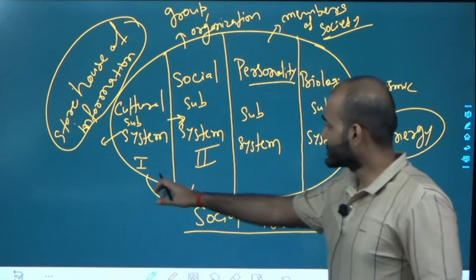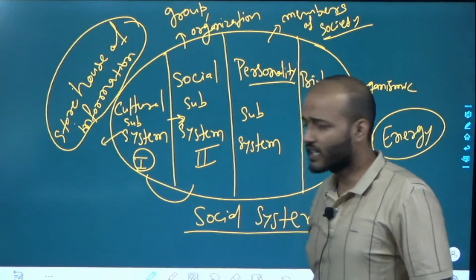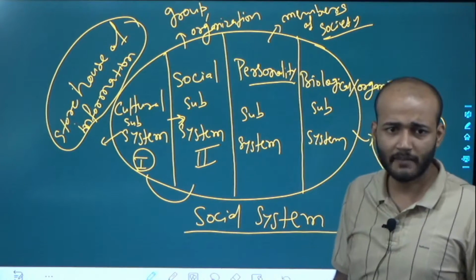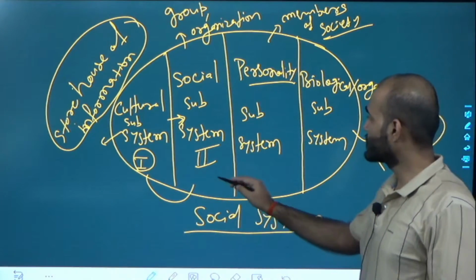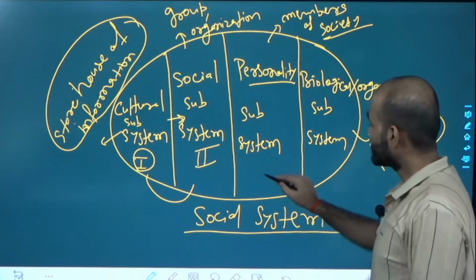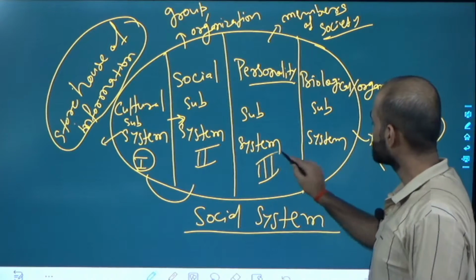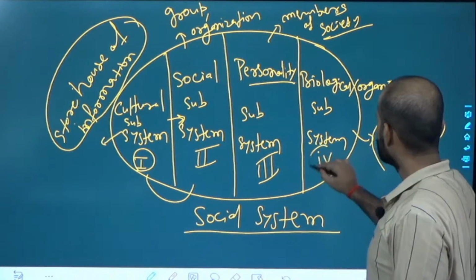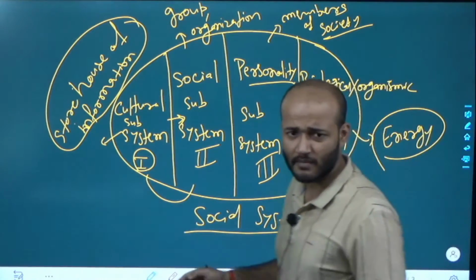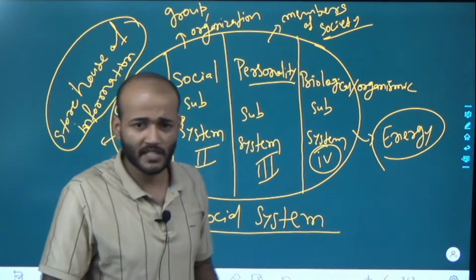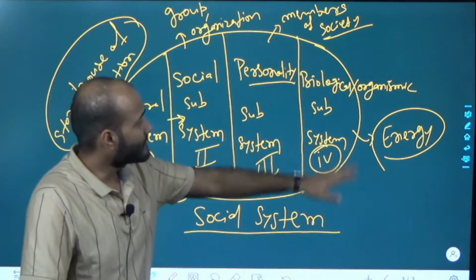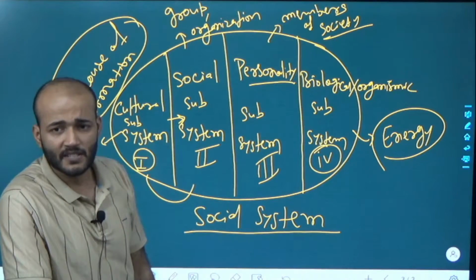The first structure is the cultural subsystem, an important part. The second is the social subsystem, the third is personality, and the fourth is the biological or organismic subsystem. So what is meant by the biological or organismic subsystem?